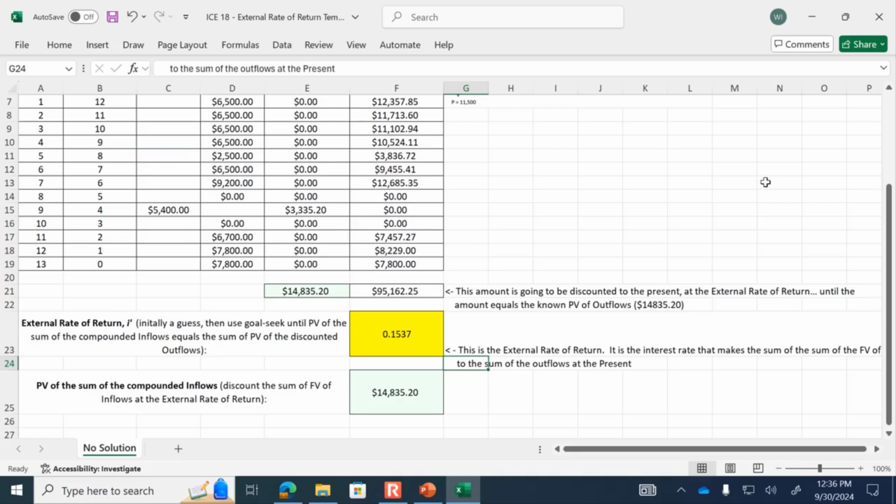So the external rate of return, one way to think of it is it's a weighted average, because you're generating profits to yourself two different ways. One is with your main investment, and then the other is the external reinvestment account.